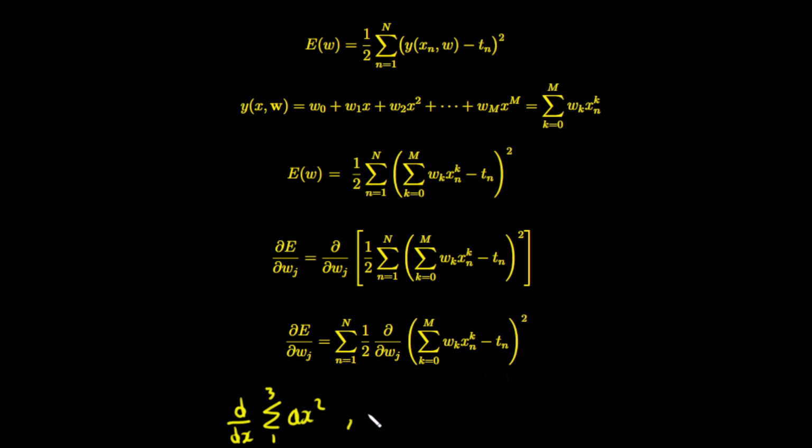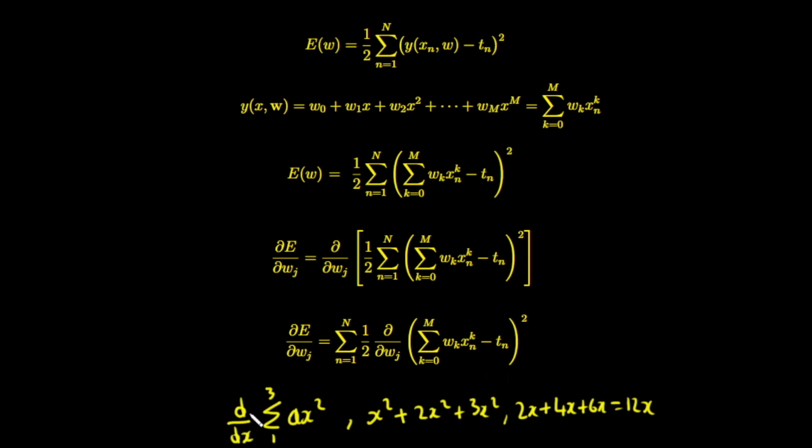So a is going to be 1, so that would be equivalent to x squared plus 2x squared plus 3x squared. And then when we differentiated this here, we would get 2x plus 4x plus 6x, which would give us 12x.